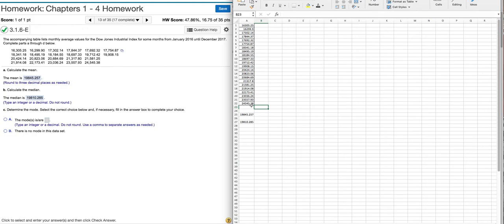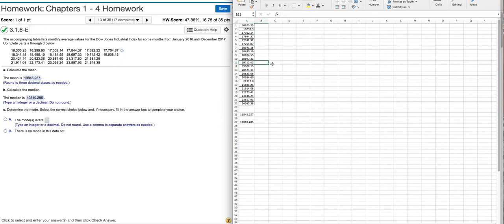So how this is calculated is we take the middle 2 observations, so observation 11 and 12, and those figures are averaged. So you notice that our median, which is the 19,810.285, is not an actual observation, because it is the average of the 2 middle observations, since we have an even number of total observations.